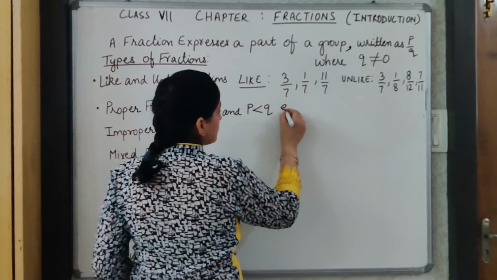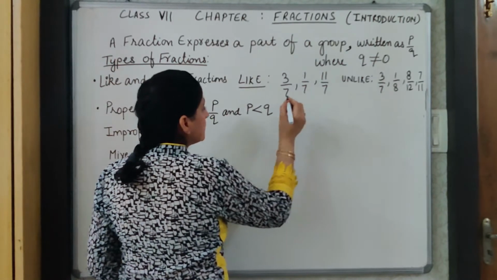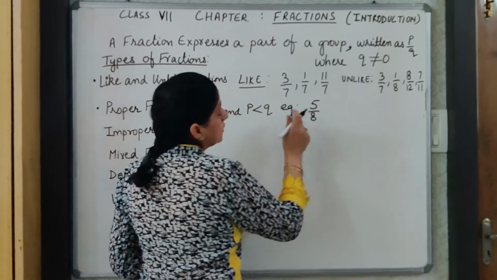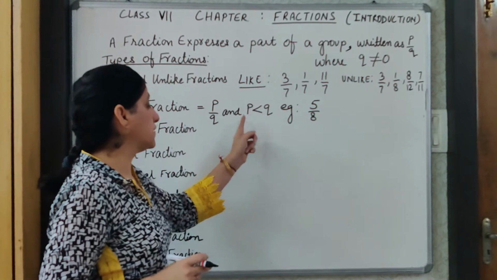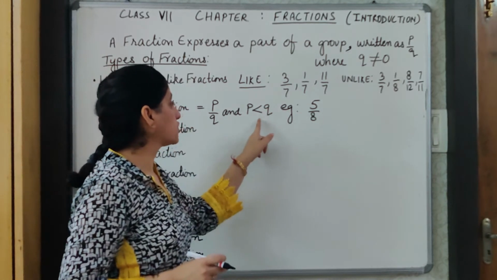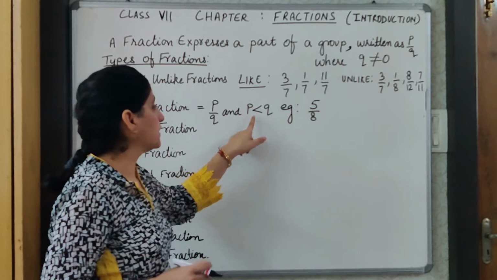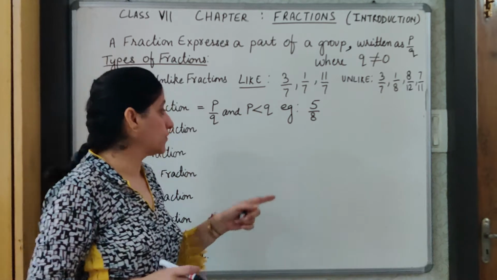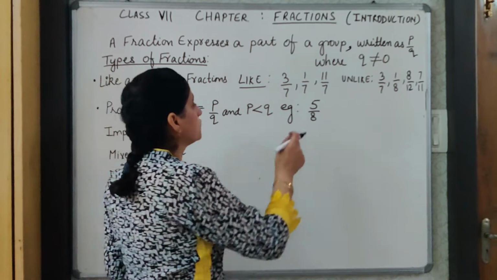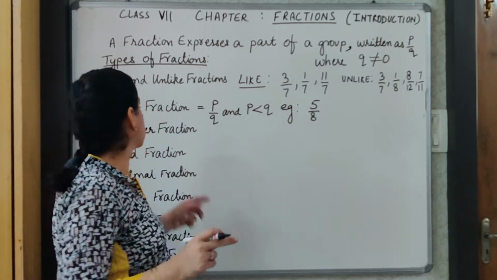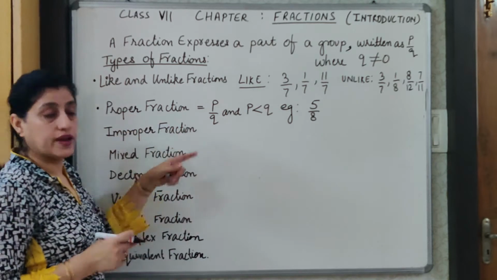An example of a proper fraction we can take is 5 upon 8. Here 5 represents p and 8 represents q, and we see that 5 is less than 8, that is p is less than q. Therefore, such fractions in which the numerator is smaller and the denominator is bigger is a proper fraction.